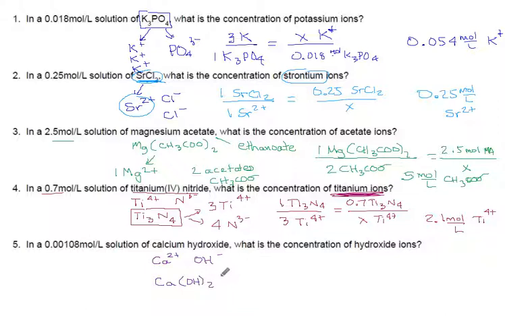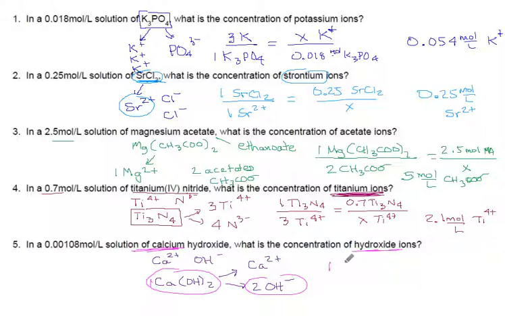And what that tells us is, when you throw calcium hydroxide in water, you will get 1 calcium ion and 2 hydroxides. And in this question, they're giving us calcium hydroxide, and they're asking about hydroxide ions. So the ratio they're talking about is 1 to 2.